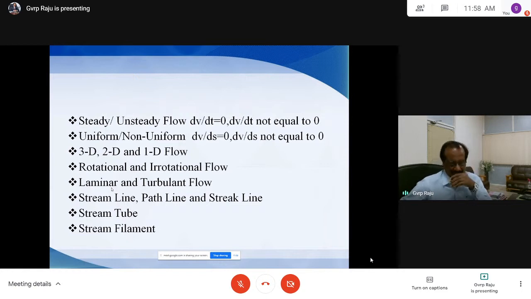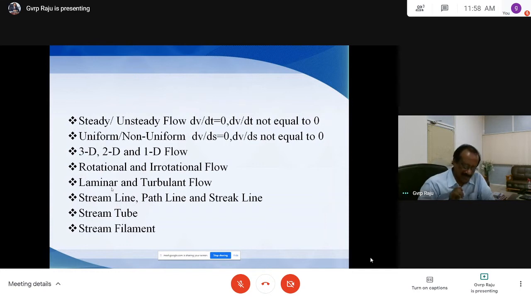Streamline is a line drawn through a flowing fluid in such a way that if you take a point on a streamline and draw a tangent, that gives the direction of velocity of the fluid particle.